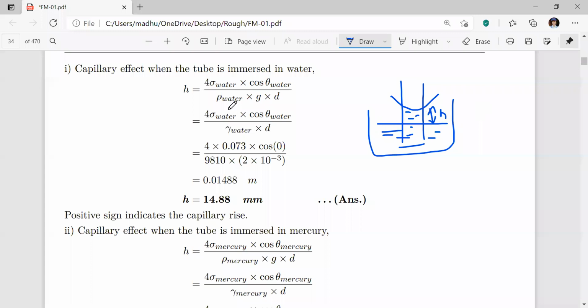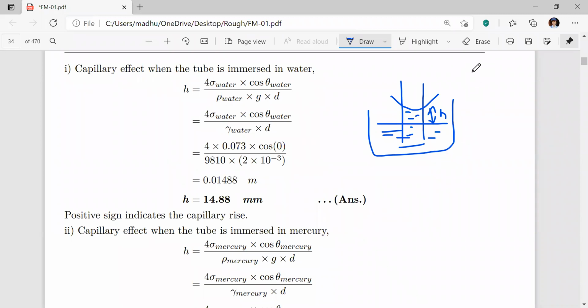Now I have to calculate what the capillary effect is. The capillary effect will generally be capillary rise, but don't come to the conclusion whether it is rise or fall. You just calculate it. If you get a positive value, then it will be capillary rise. If you get a negative value, then it will be capillary fall.